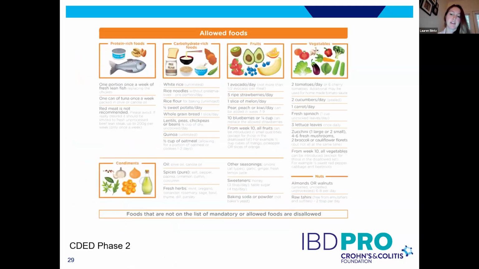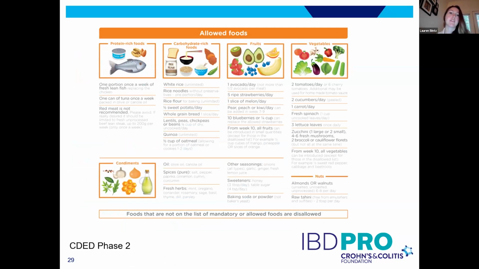In the phase 2 diet, we increase the amount of allowed foods, and the amount of calories and protein that you're taking from the nutritional shakes is decreased to about 25% of your daily goal.